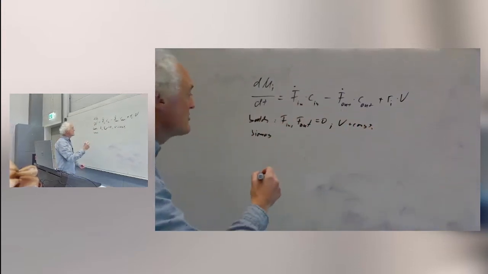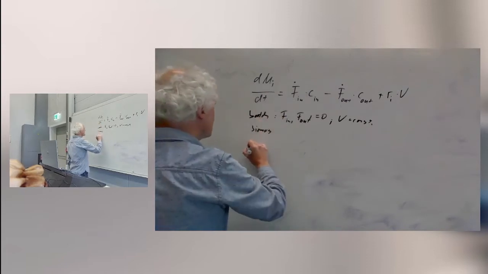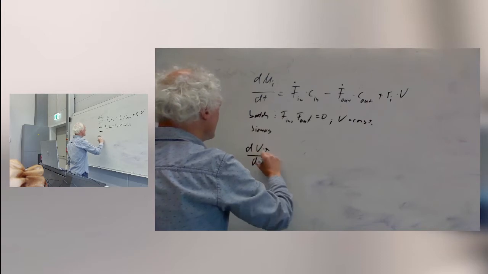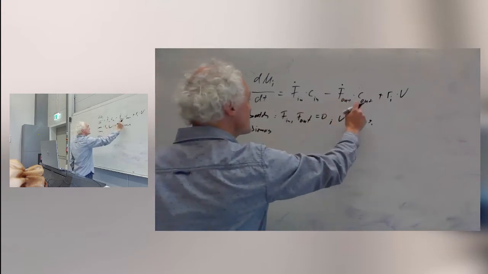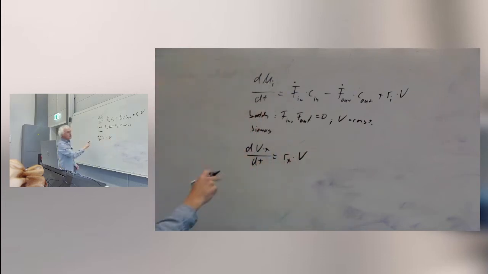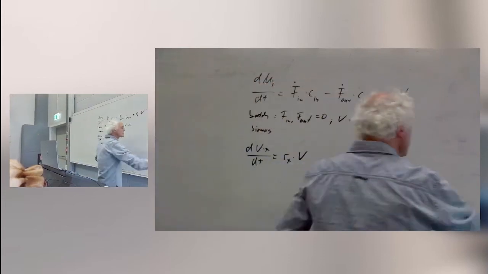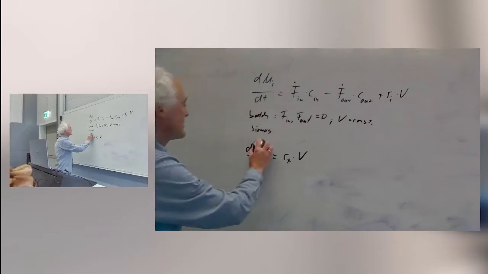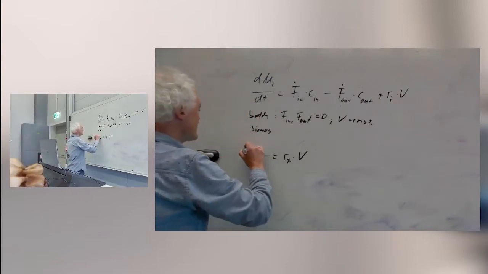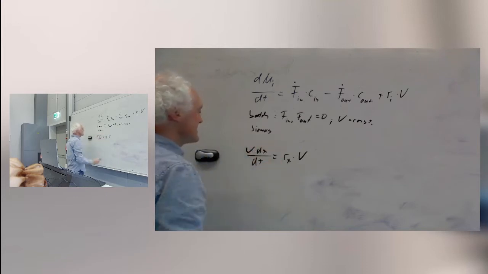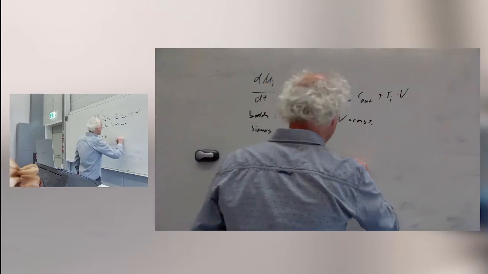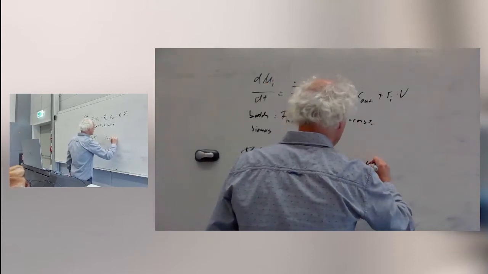And then for biomass, we could write dVx dt, this is 0, this is 0, this is 0, is Rx fold V. And as the volume is constant in the batch bioreactor, we could take out the volume here and write this as V dx dt, and therefore we can kick out the volume, and we had this Rx is equal to mu fold x.